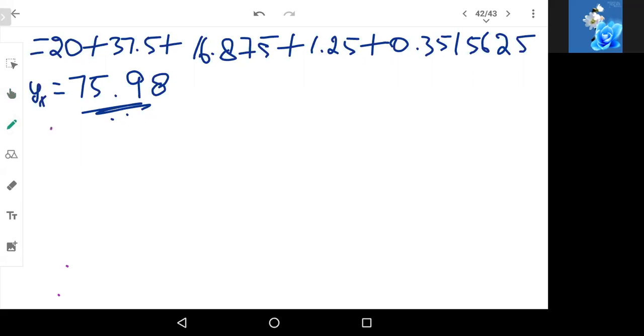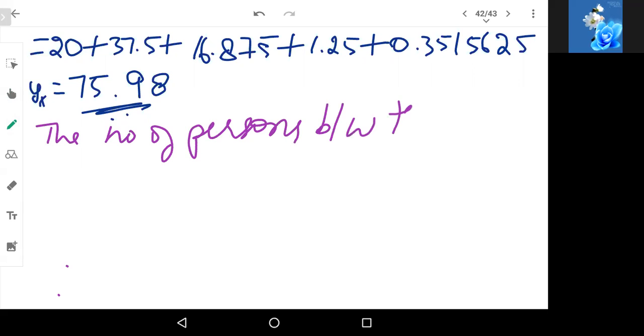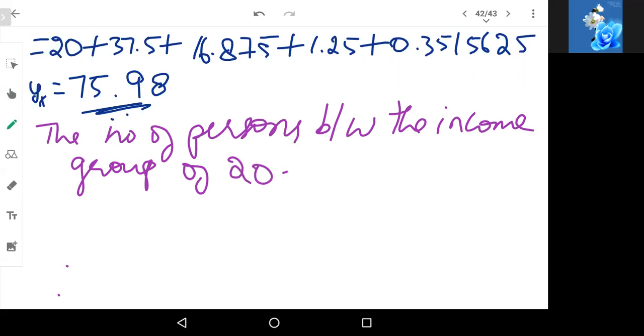Now, the number of persons between the income group of 20 to 25. That's what is asked in the question. So how do we know what the answer is? To find this answer, see here. Less than 25. We took the number as 25 here and we found it.